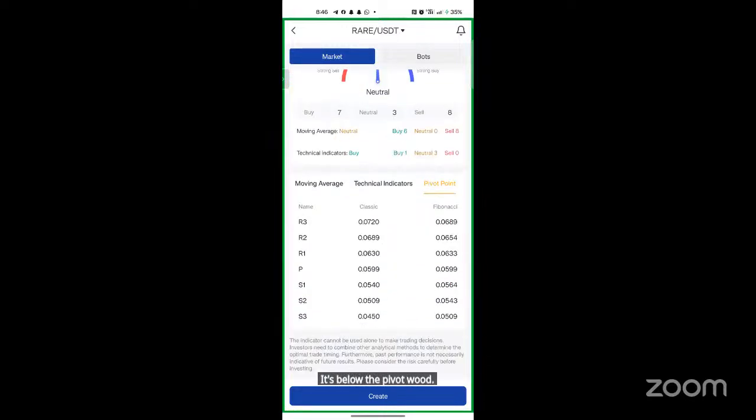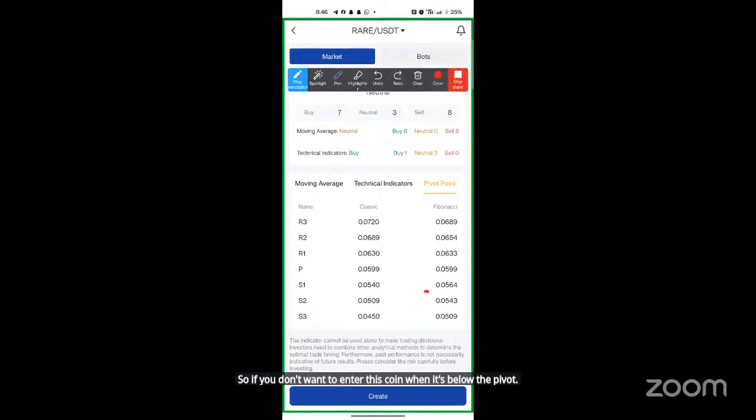So since it's below the pivot, the next support, I'll take the Fibonacci side, is 0.0564. So if you don't want to enter this coin when it's below the pivot, you can come and say, let my robot buy at that price. But remember, you are in 15 minutes. I don't know if that makes sense.